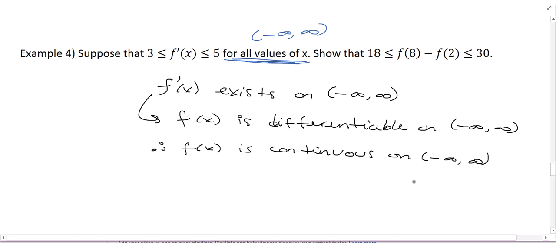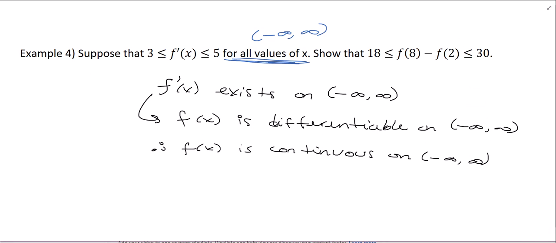So we have that f of x is differentiable on all real numbers, and f of x is continuous on all real numbers. Now, for Rolle's theorem and for the mean value theorem, we need to really get our hands on a closed interval. An open interval from minus infinity to infinity doesn't help us with Rolle's theorem or the mean value theorem. We need to get our hands on a closed interval.